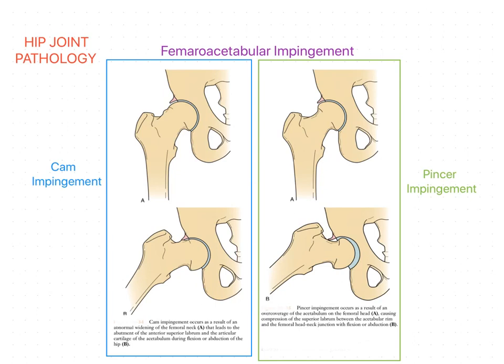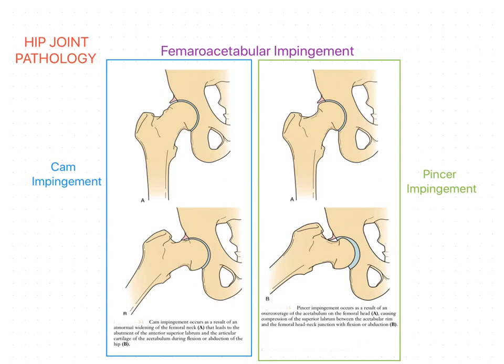First we will see femoroacetabular impingement. Femoroacetabular impingement is described as the dysfunctional abutment of the proximal femur and the acetabulum. That means the covering of the acetabulum, the outermost peripheral part of the acetabulum, is getting affected.